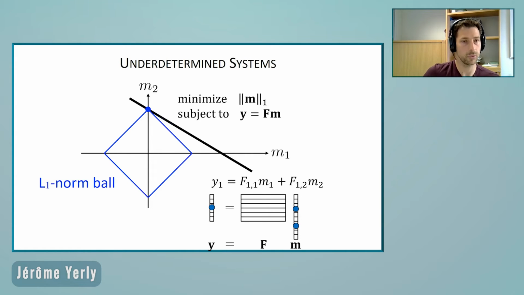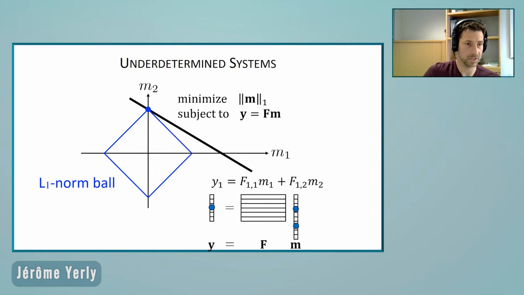So what if, instead of an L2 norm, we used an L1 norm? This is the corresponding L1 norm ball. It looks like a square rotated by 45 degrees, and again, if you travel along this blue line, all these combinations of m1 and m2 give you the same L1 value.